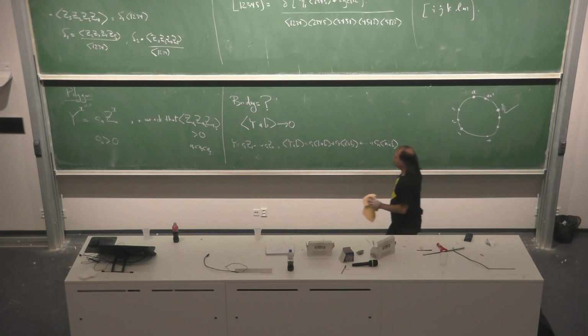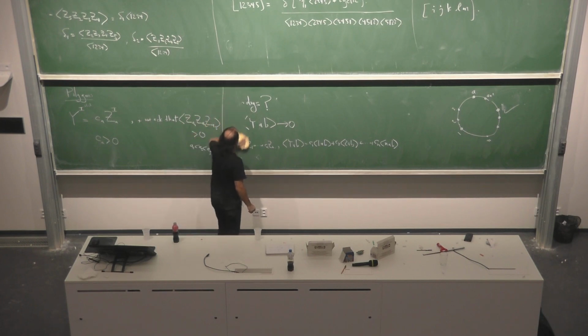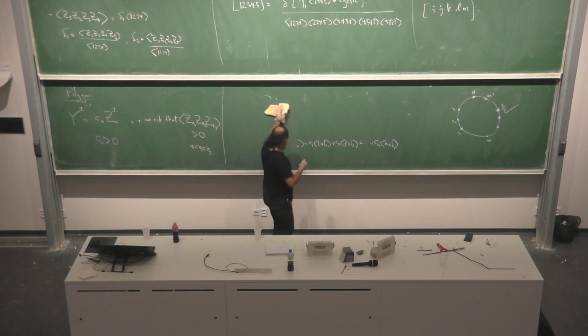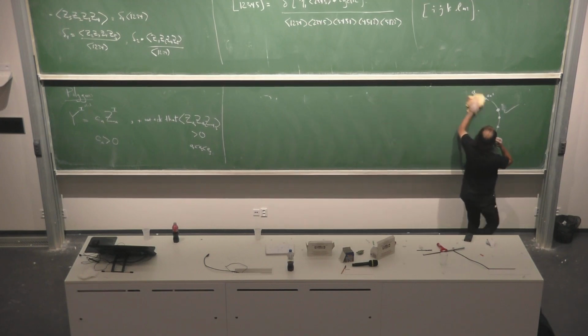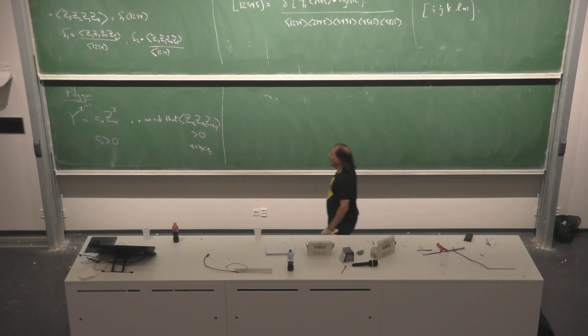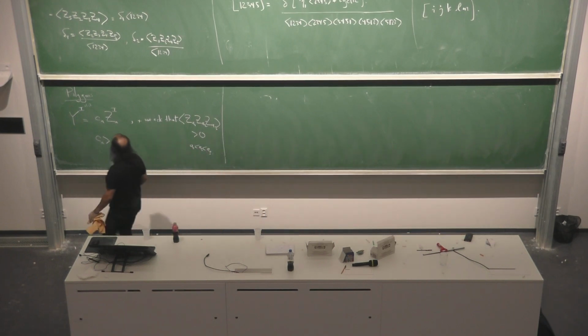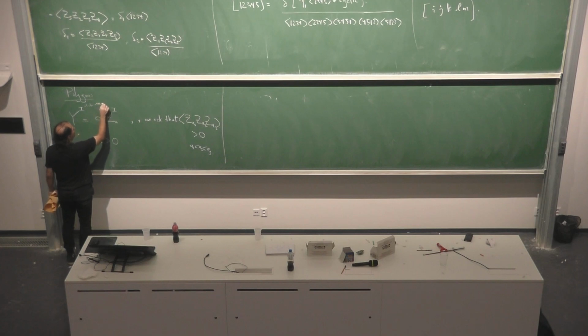Okay. Now, let's generalize this to higher dimensions. And we're just going to generalize it to higher dimensions by letting this go to any, I'll write it m plus 1.